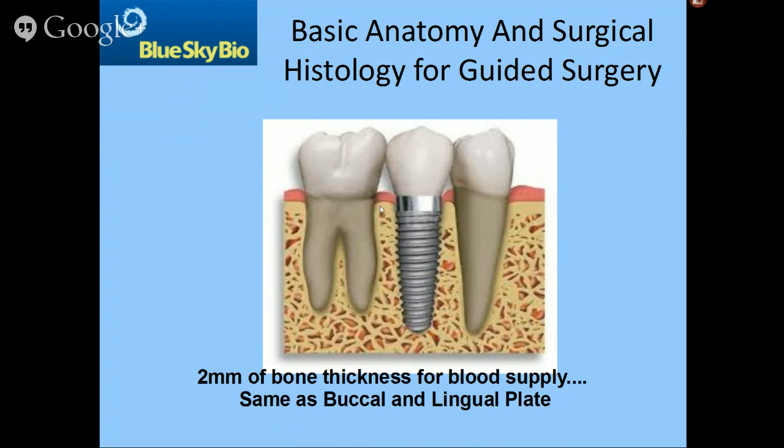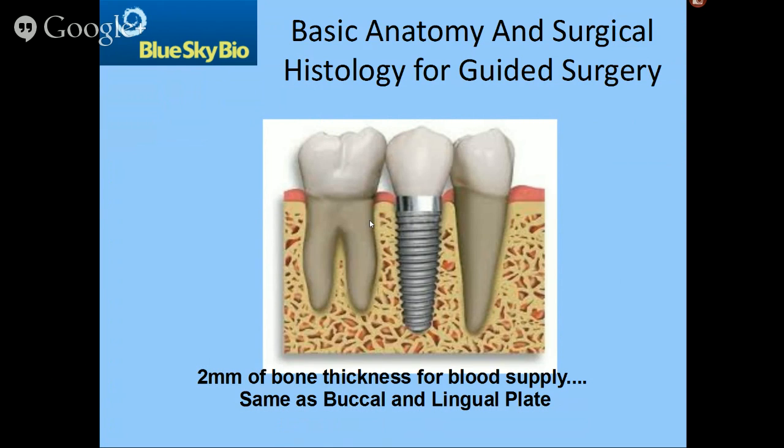If you encroach on the bone so that there is no cancellous bone in between your implant and the adjacent tooth, then what's going to happen again is the possibility of bone loss along the tooth or along the implant, because there's not enough blood supply in between the implant placement and the tooth.